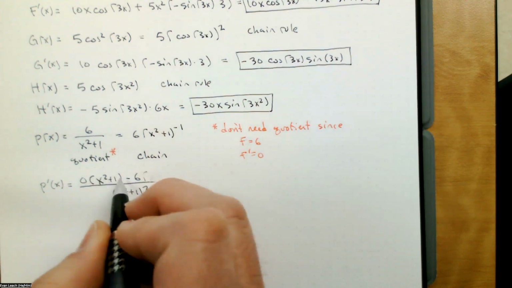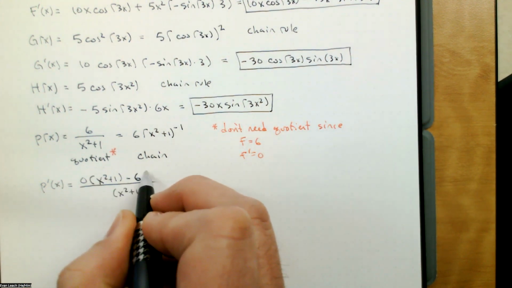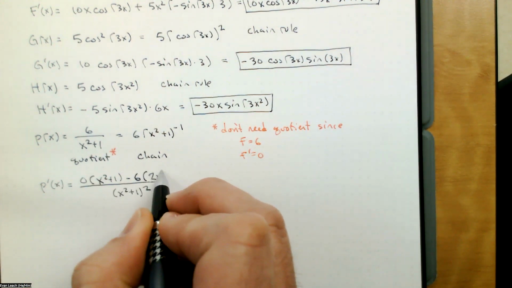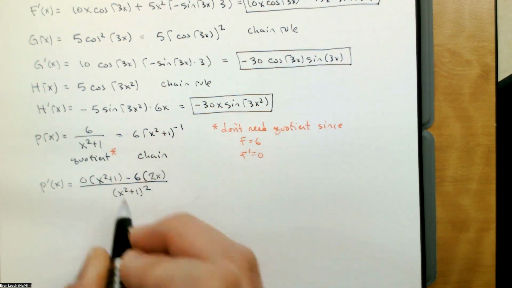Sorry, the derivative of the top times the bottom minus the top times the derivative of the bottom, which is a 2x, all over the bottom squared.